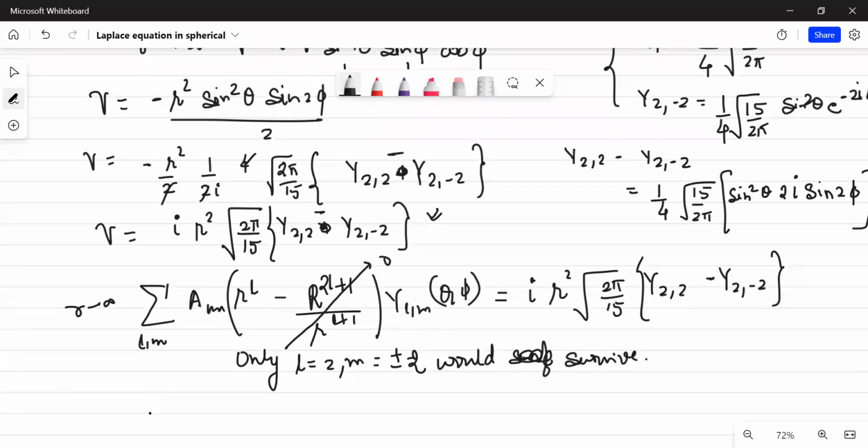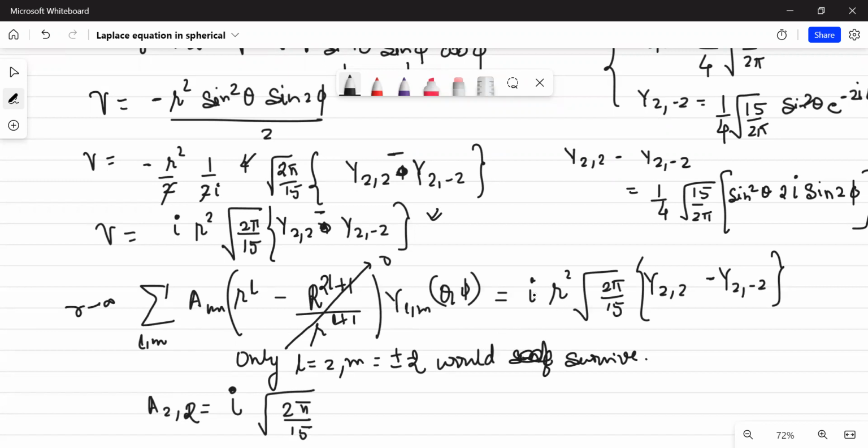And I will write that my A22 r square Y22 would be equal to iota root over 2 pi upon 15. This is fine. I think this is clear. If you compare on both sides, A22, this will be like r to the power 2, r square is here, and this is y22.